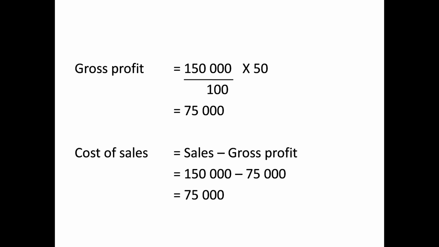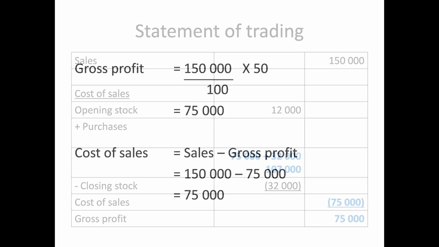The next step is to calculate the cost of sales. Cost of sales equals sales minus gross profit. 150,000 minus 75,000. Cost of sales value is 75,000.